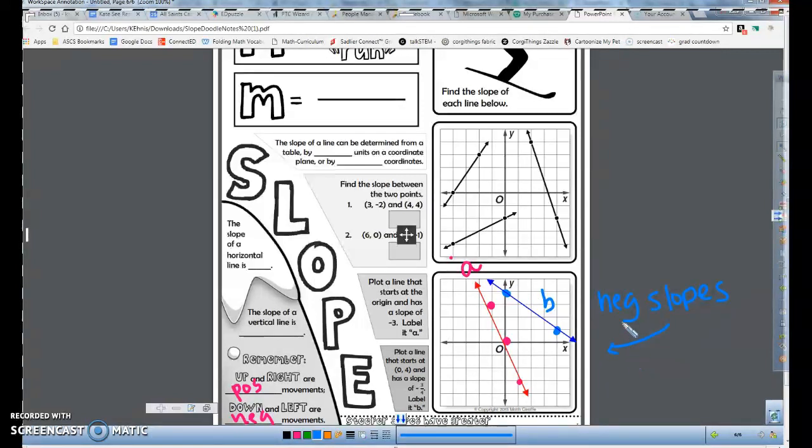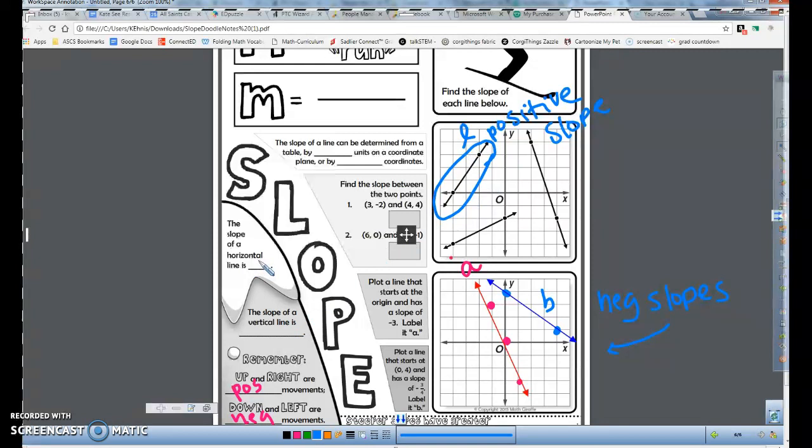They fall, they're negative. Versus if we look back at line L up here, it starts low and goes high. This one has a positive slope. So a positive slope would look like line L here.